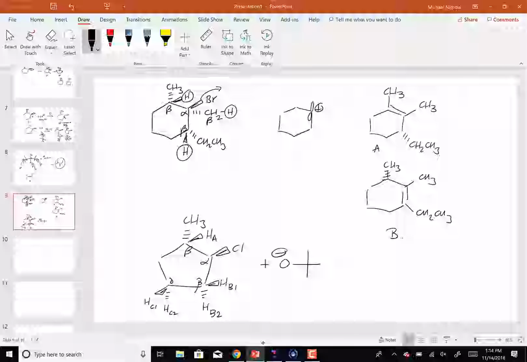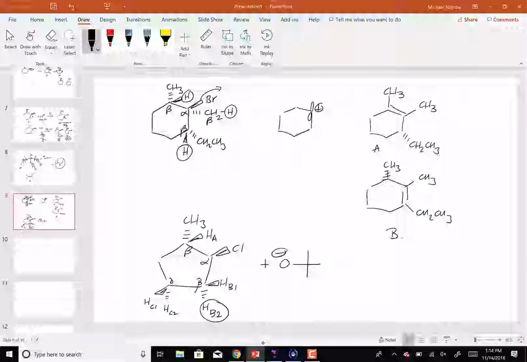In certain organizations you'd have to memorize the Greek alphabet. So it's gamma. Only the beta hydrogens we're going to take a look at. So B2 is the only one that can be removed, therefore product B is the only product.